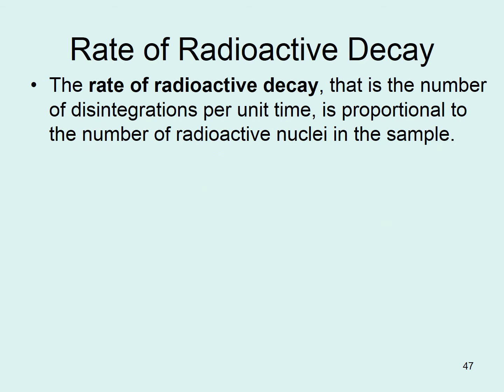So now we're going to move into rate of decay. All radiation does disintegrate, but not all at the same time. The rate of radioactive decay, which is the number of disintegrations per unit time, is proportional to the number of radioactive nuclei in the sample.